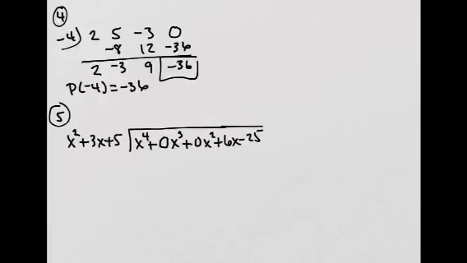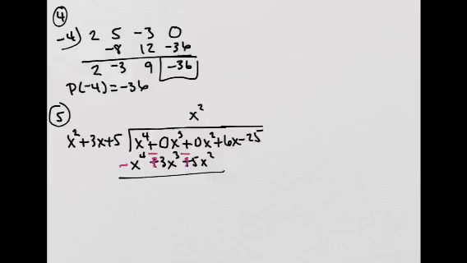Okay? And so you ask yourself, what do you have to multiply the x squared by in order to get x to the 4th? That would be x squared. And so you get x to the 4th when you multiply, plus 3x cubed plus 5x squared. Now we're subtracting, so when you subtract, you add the opposite. So this becomes negative, and this becomes negative.